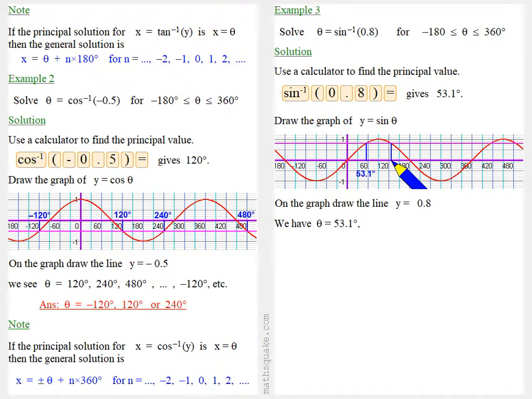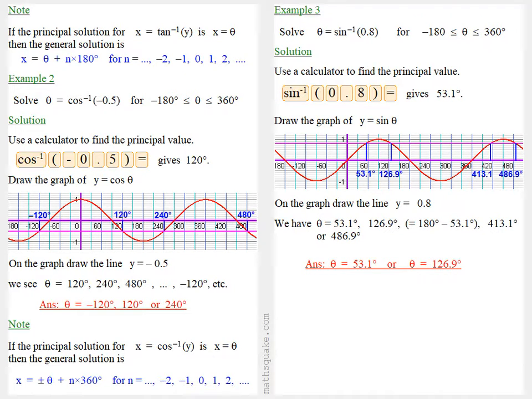But it also crosses the curve at 126.9 degrees, that is 180 degrees minus 53.1 degrees. It also crosses the curve at 413.1 degrees, and also at 486.9 degrees. So the values of theta we want are 53.1 degrees or 126.9 degrees.